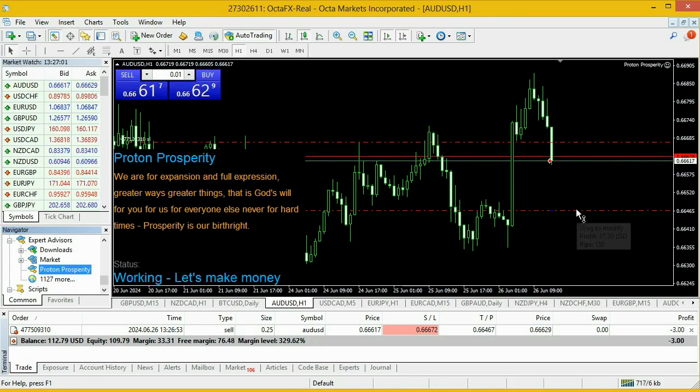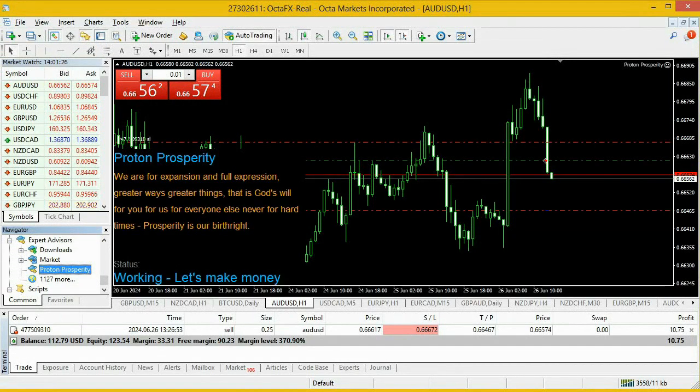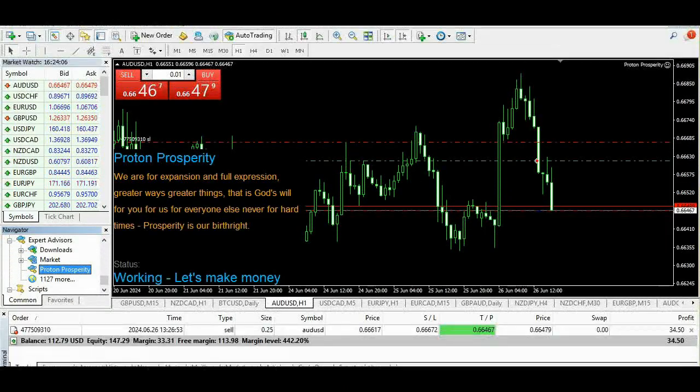Our stop loss, and take profit. This is where we are. 35 minutes into the trade. Almost 3 hours into the trade.